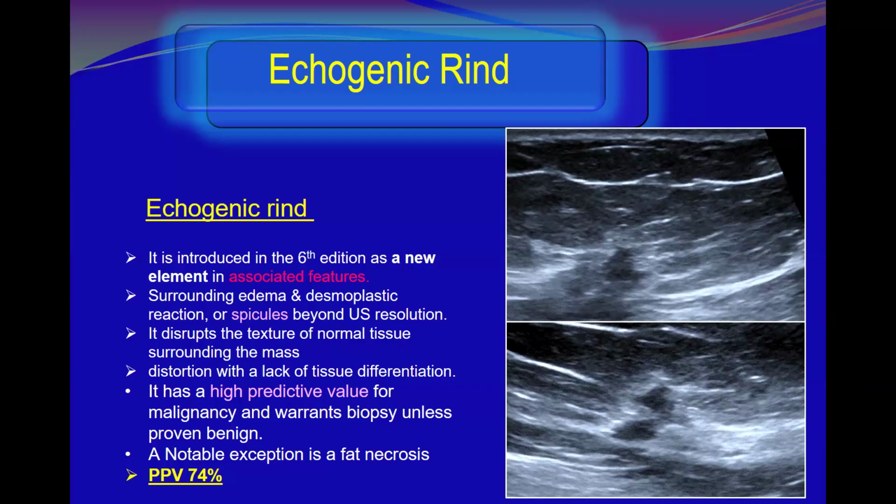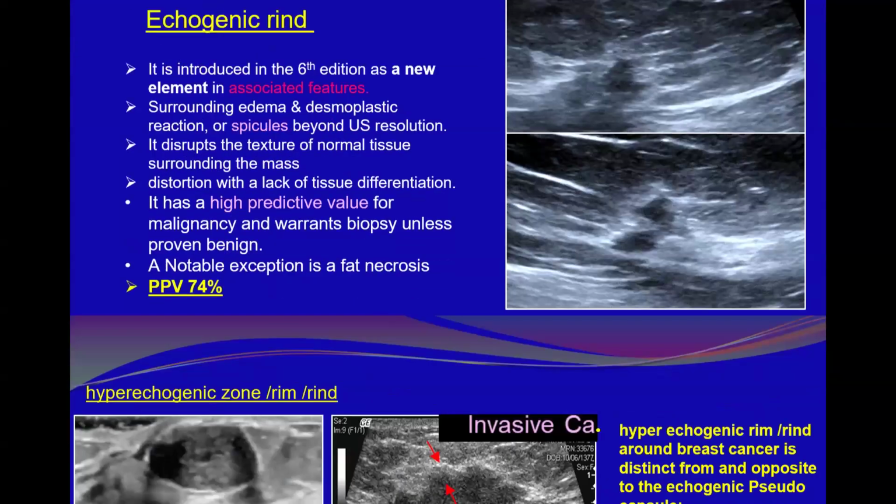It is considered an architectural distortion, resulting in lack of differentiation of normal tissue around the mass. As we mentioned, it has a high predictive value for malignancy, approaching 74%, so it is in the range of 4C. Even with benign morphology, with an echogenic rind we have to grade it as BI-RADS 4C.